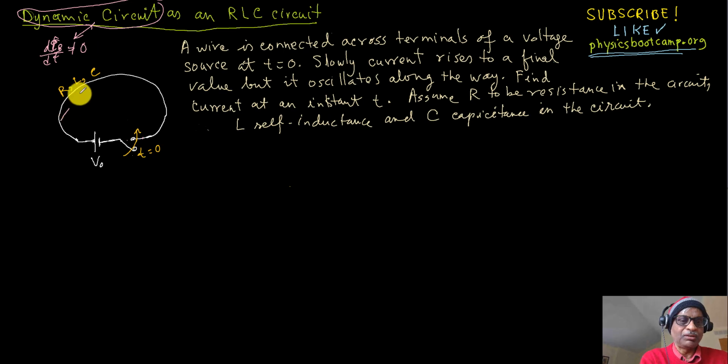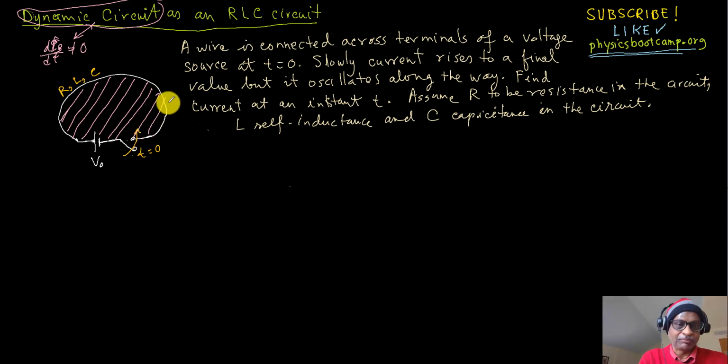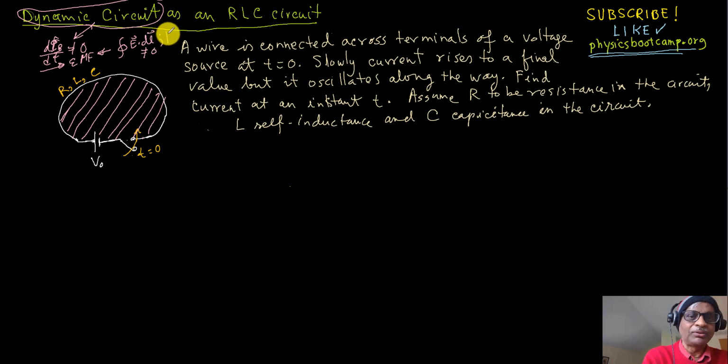So we're talking about an area where the magnetic flux through it is changing, so the derivative with respect to time is not zero. This means an EMF is induced, and this means the ∮E·dl is not zero, right? This is a related concept that comes from Faraday's law.